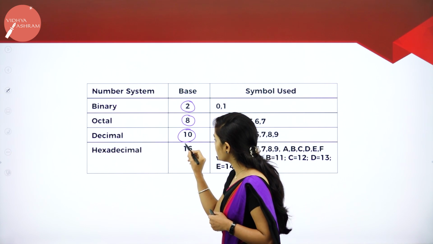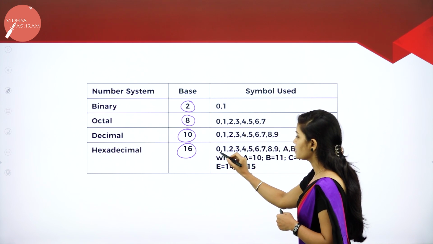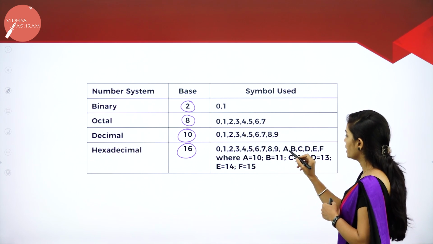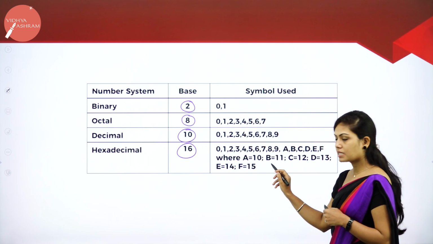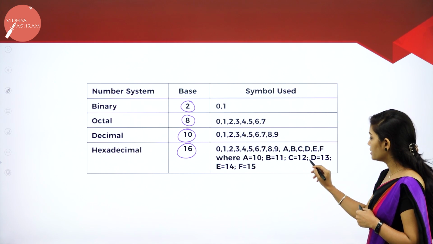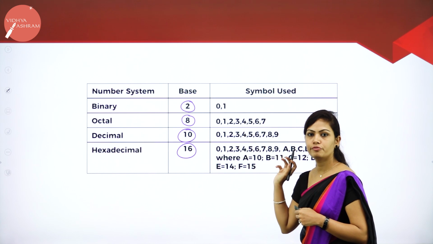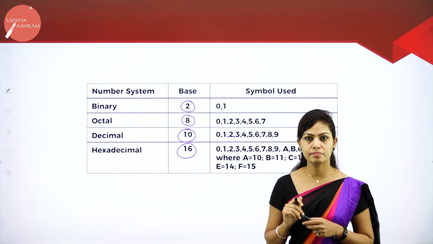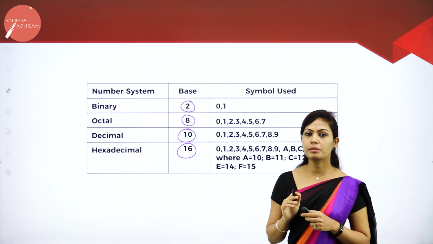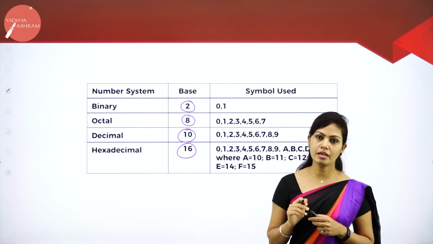And hexadecimal means base value 16, with digits 0 to 9 and A to F letters. A stands for 10, B is 11, C 12, D 13, E 14, F 15. This is called the positional number system. So today we learned the positional number system and the non-positional number system.